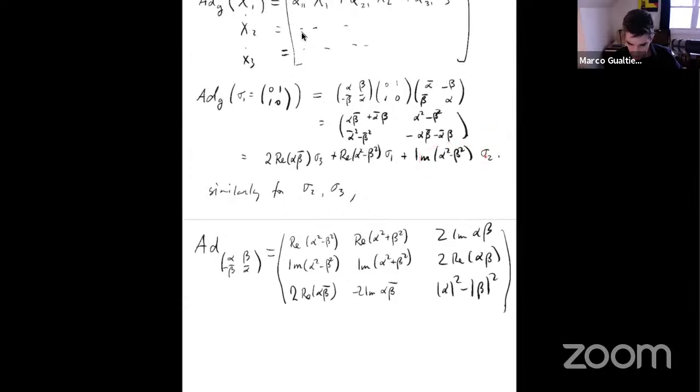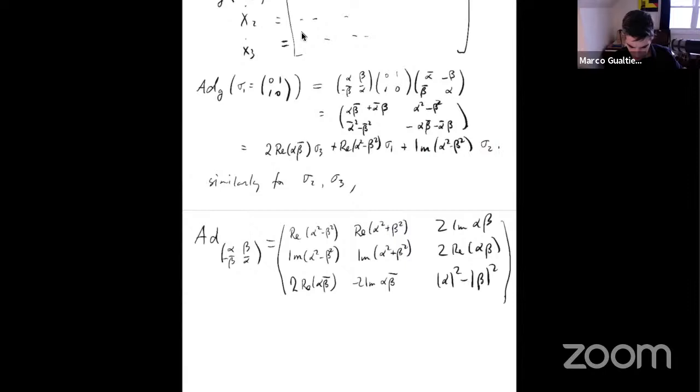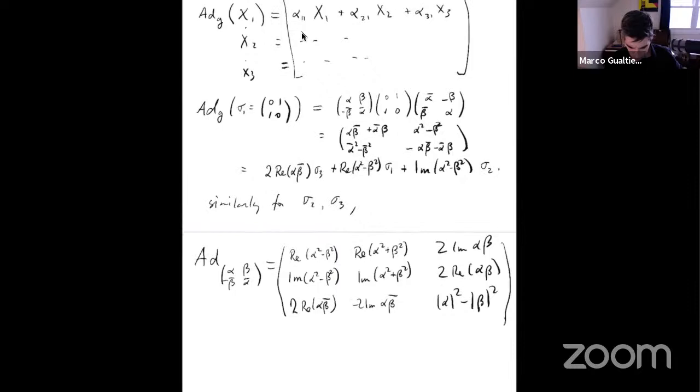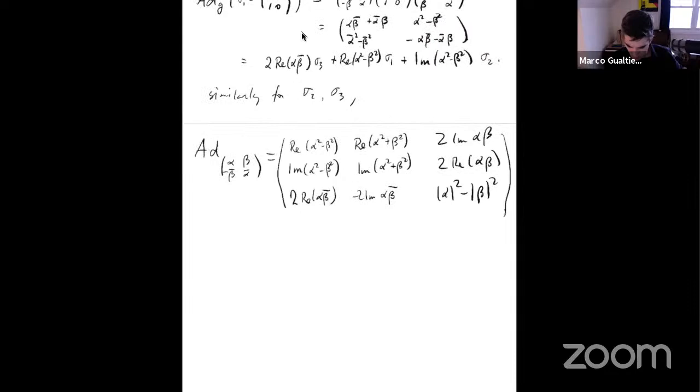This sigma 2. This should be here. If someone can see an error, let me know later. These look wrong. This looks wrong to me.